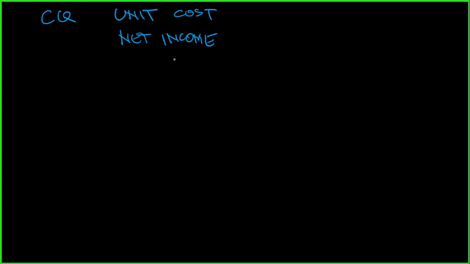Sir, what about the difference in the inventory in terms of units? So, makikita mo yan sa difference ng changes between production and your sales. Diyan lang naman iikot yan eh. If you can understand where the difference in the unit cost came from or where the difference in the net income came from, wala ka ng problema sa topic na ito.